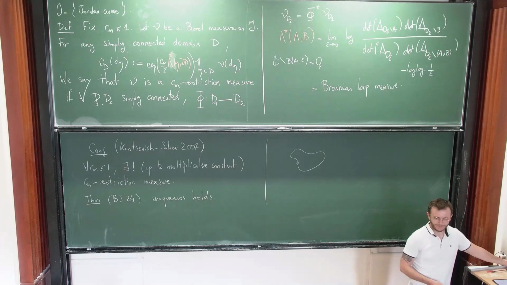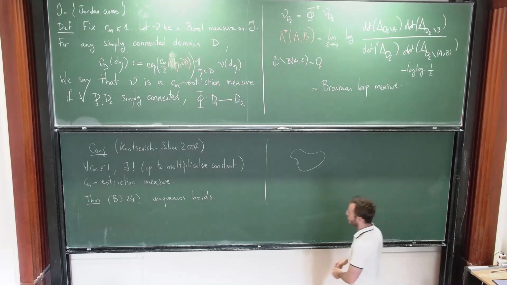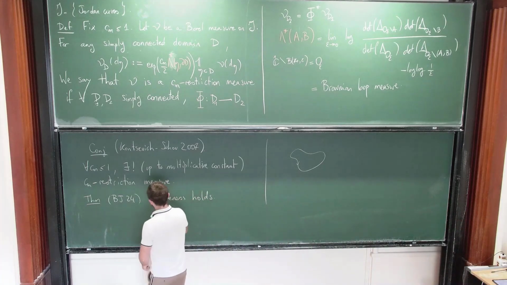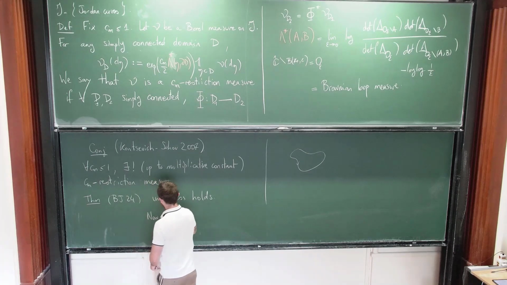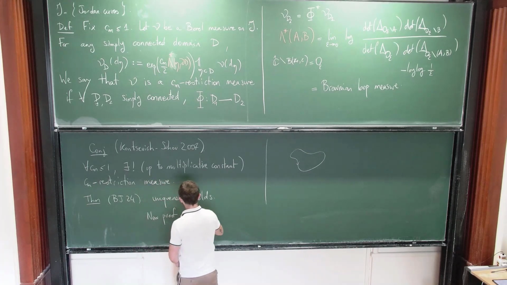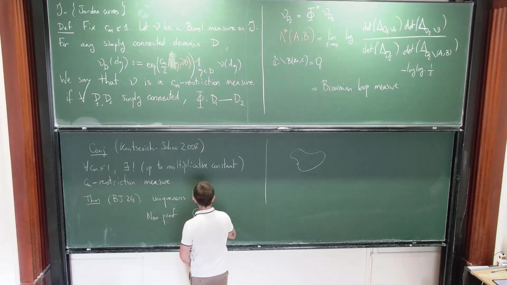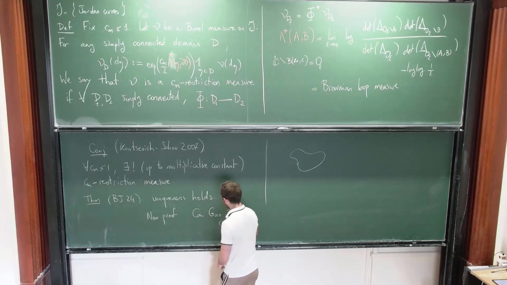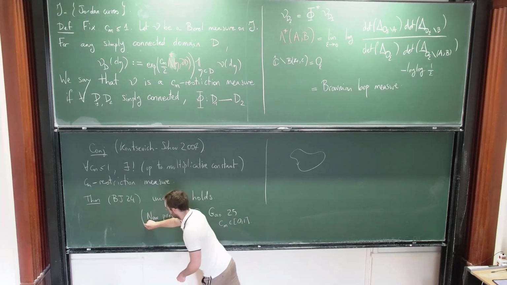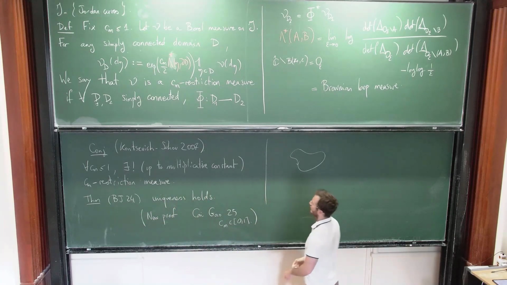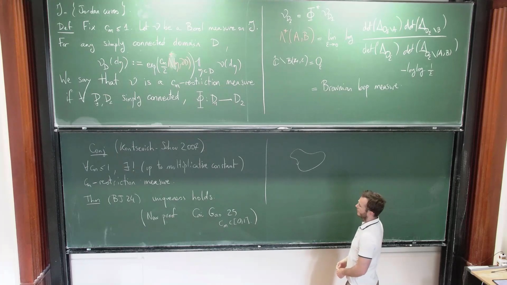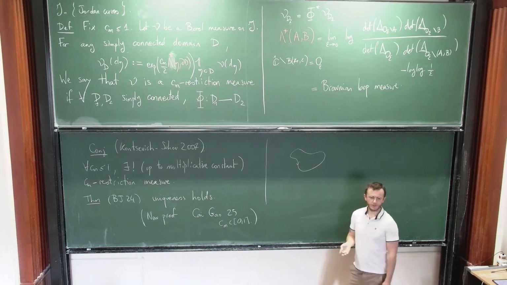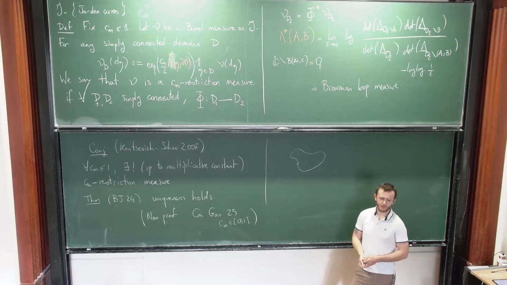But let me mention that there is recently a new proof of this, by Sai and Van Gao in 2025, in the regime where the value of c is between 0 and 1. This is more counterintuitive. And now, for the rest of the talk, I will try to explain a few words about the proof of this.